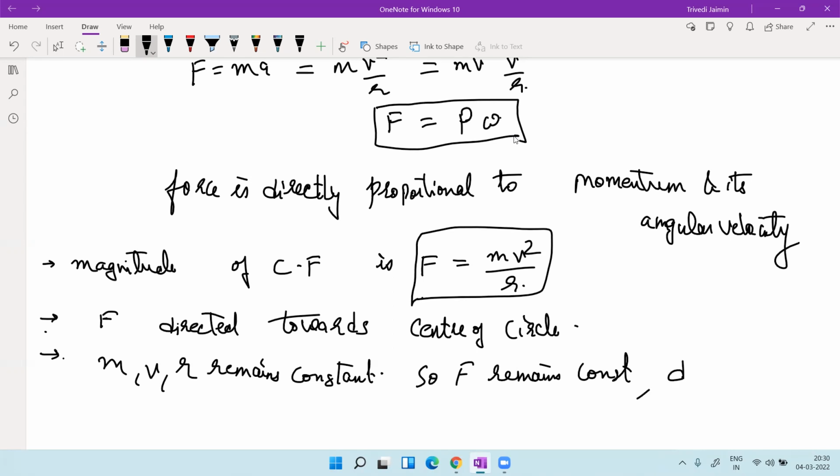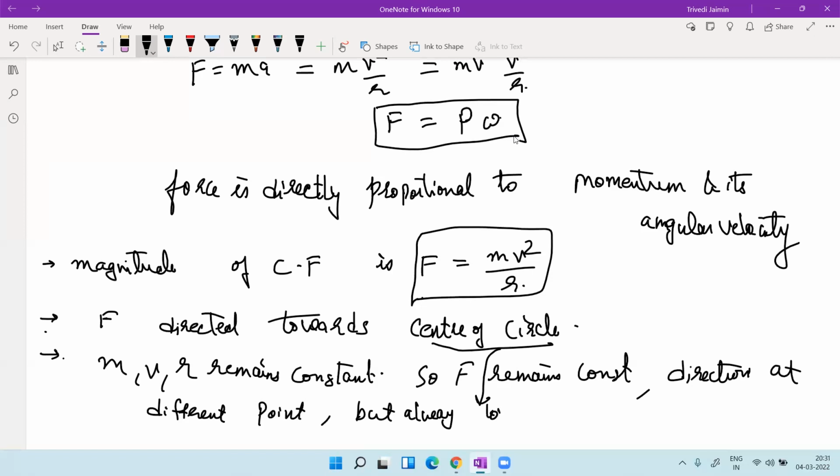So therefore, the direction at different points is different, but always towards the center. Always towards the center.